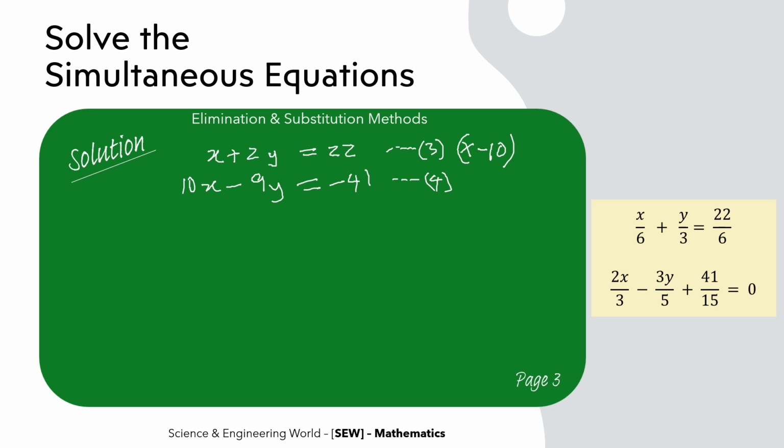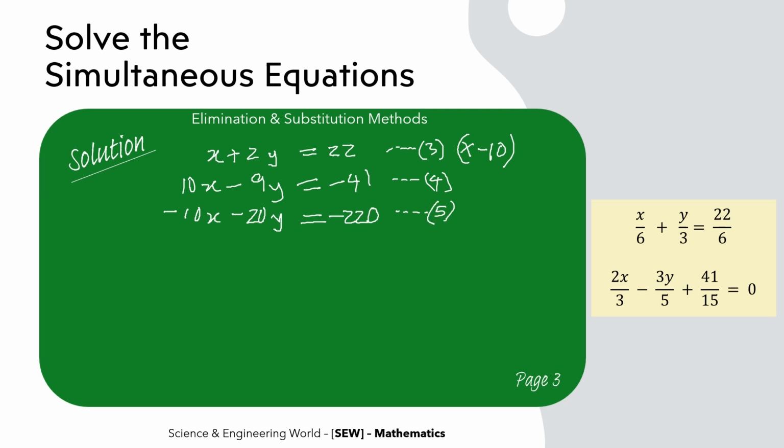So we now have minus 10x minus 2 times 10, which is minus 20y, equals 22 times minus 10, which will give us minus 220. Let's call this equation 5.